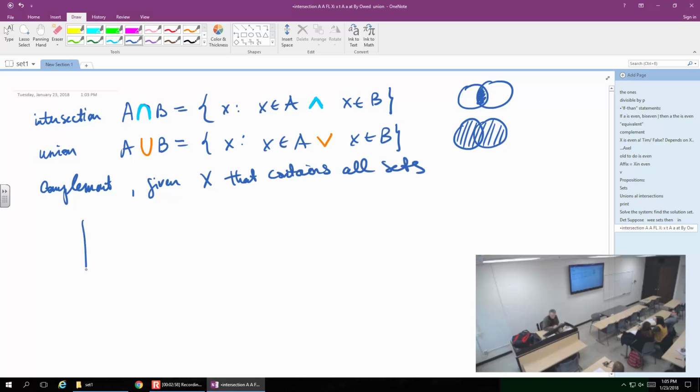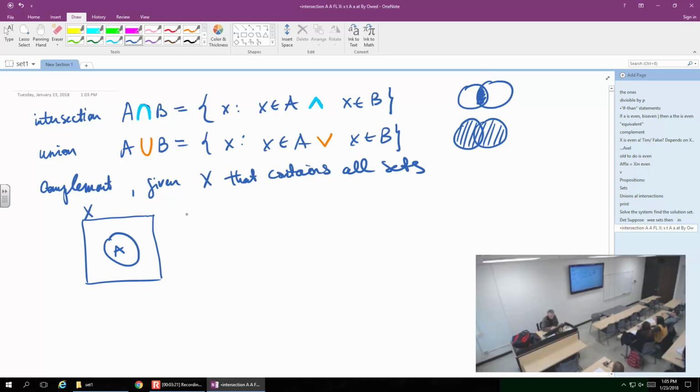Okay, so this is how I draw it, like this. This is my A, and this is my X. And then we're talking about the complement. X is the universe, of all possible statements that we can make within some reasonable limitations, and then we would pick a set in there.